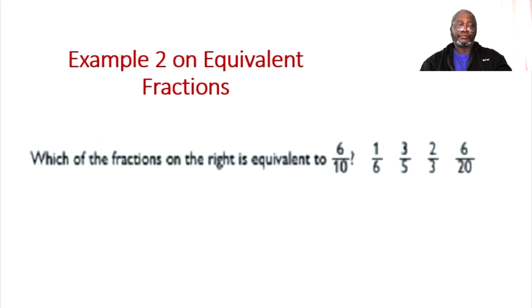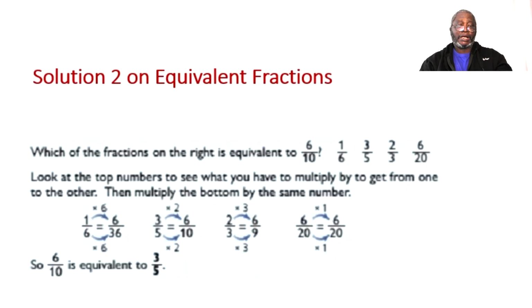Solution. Compare 1/6 multiplied by 6. What would you get? You'll get 6, and then multiply 6 by 6 is 36. So obviously, that's not the answer. Look at the second one, 3/5.